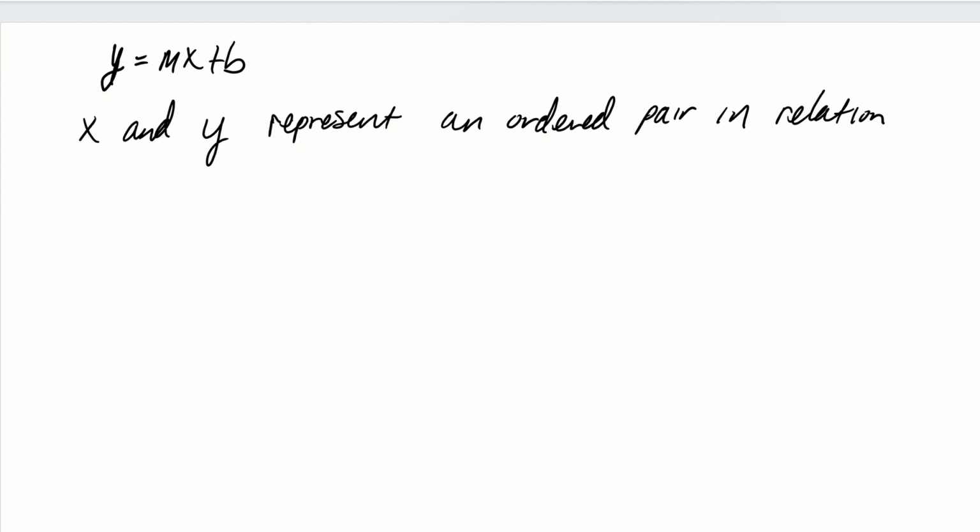So x and y can change depending on what x you decide to use as your input. Remember, at the very beginning of this, we said x is the input and y is the output.